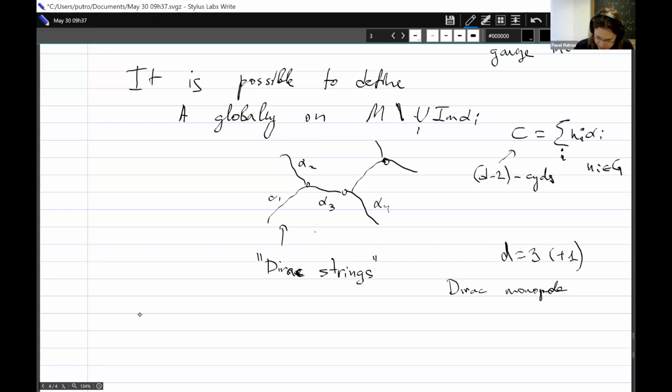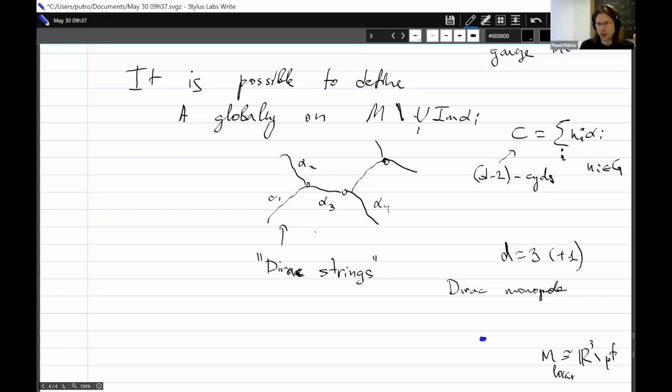At the point where the Dirac monopole lives the field is of course not well defined, so it is a physical singularity, and our space-time locally is the complement of this point.